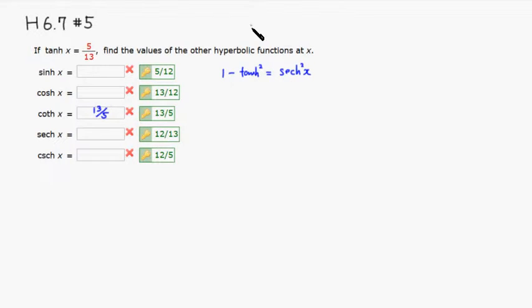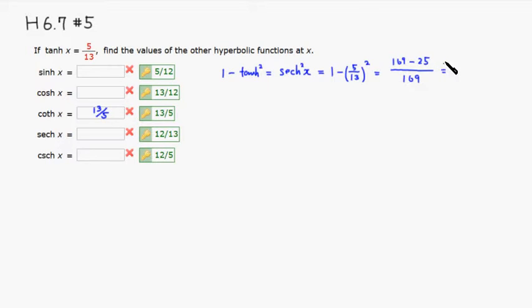Alright, we already have this value. So this is going to be 1 minus, the hyperbolic tangent is 5 over 13, so 5 over 13 squared. 13 squared would be 169, so it's going to be 169 over 169, the same thing as 1, minus 5 times 5, which is 25.